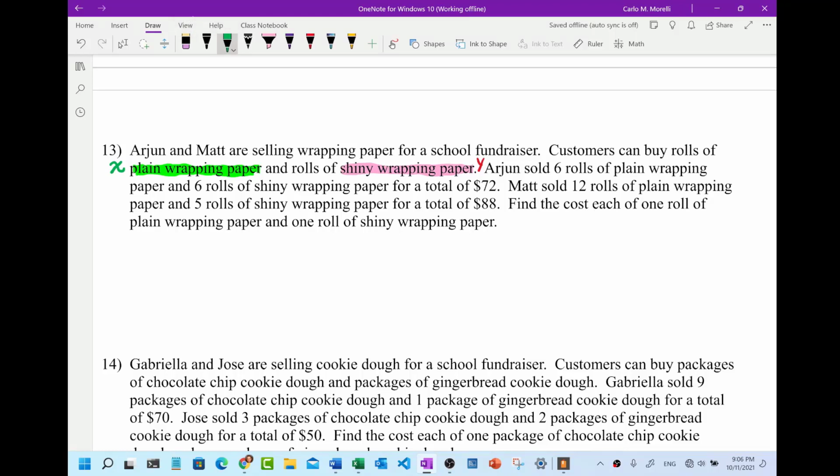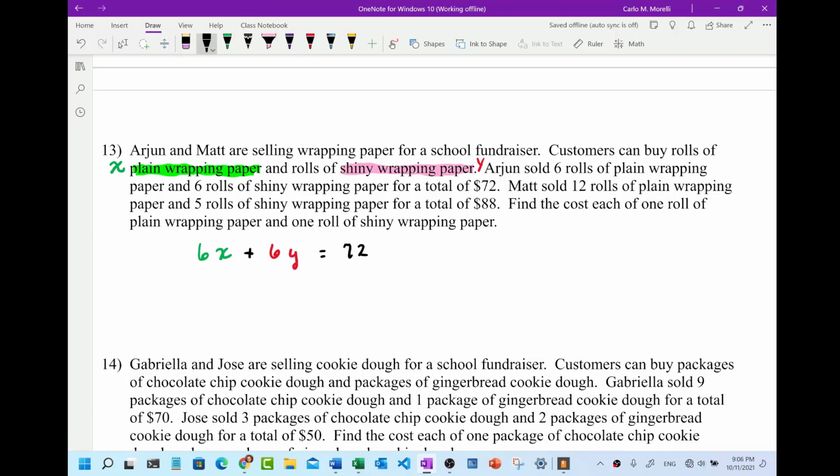We've got 6x plus 6y for a total of 72, so equals 72.